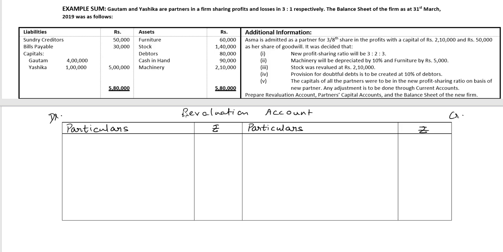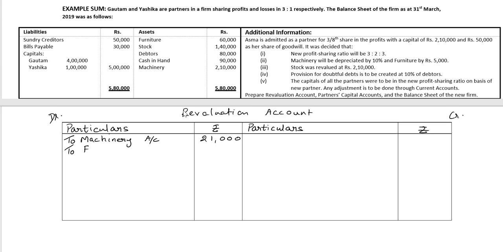The first point is about the new profit sharing ratio. The second point, machinery will be depreciated by 10%. So to machinery account, 10% of 2,10,000, 21,000 rupees. Further, furniture will be depreciated by rupees 5,000.